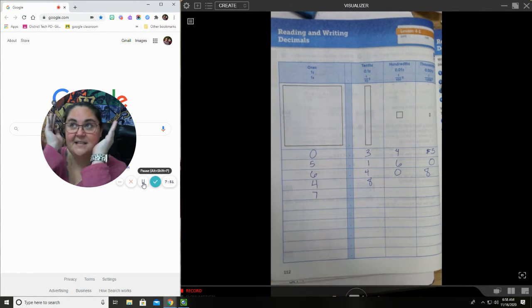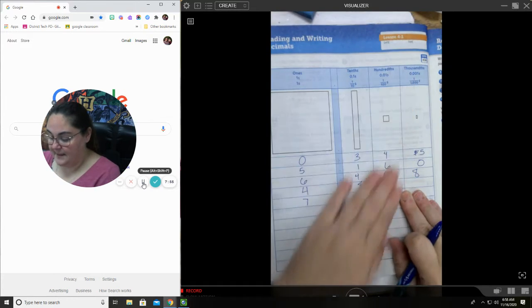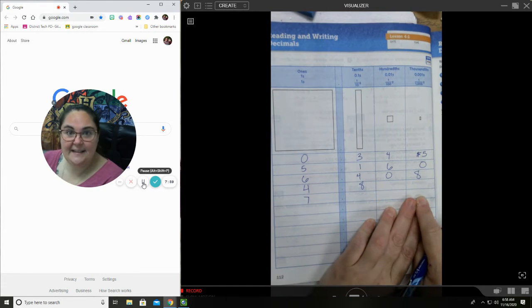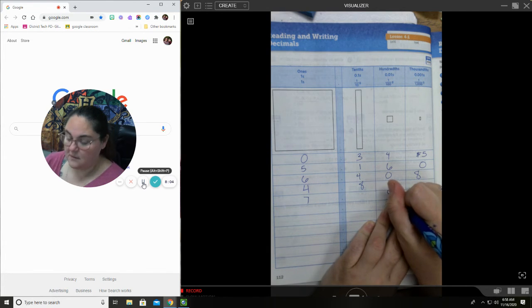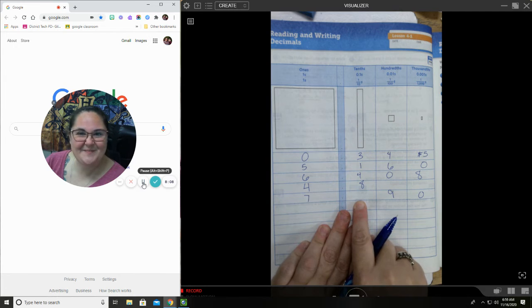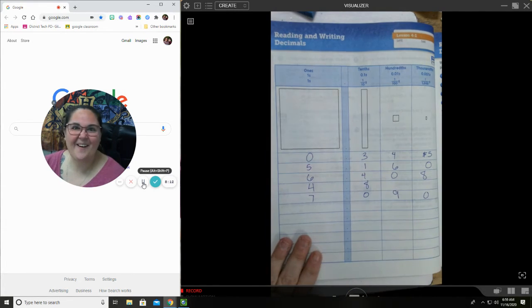My next part, it says 90 thousandths. So the first thing I'm going to do is find that thousandths place right here. My last digit of 90 needs to be there. So if I write the number 90, it's 90. All right, and I can't have an empty space, so what would I put here? You're going to put that 0. If that's what you had, awesome.